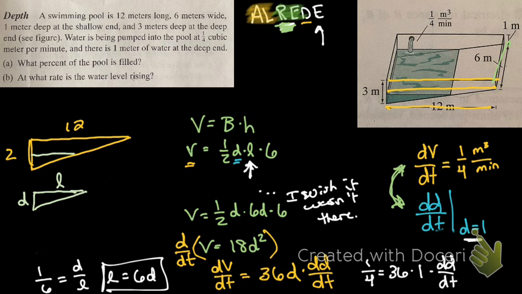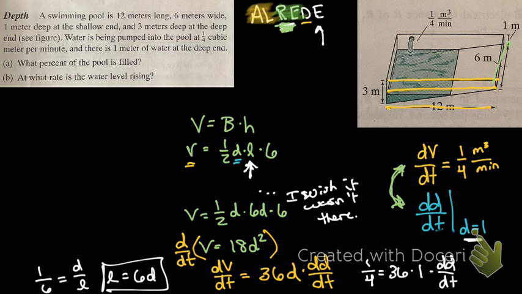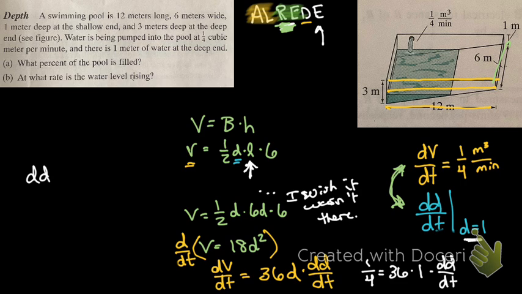Or if we then solve this, and I'm going to come over here and clear out some space, we can divide both sides by 36. Let's see, that's 144. So I'm going to get dD/dt is 1 over 144, because I've divided both sides by 36. And now I need units, right? And this is why I love this notation, right? dD.